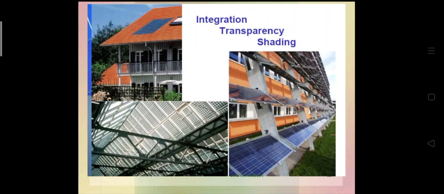And here is another figure to convert solar energy into electric energy using these PV systems and solar panels on a large scale. Solar panels are arranged on a building and on a shed.